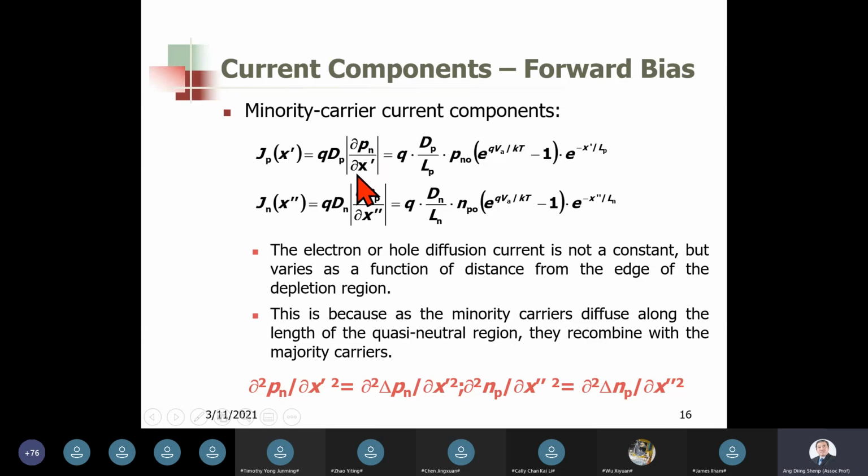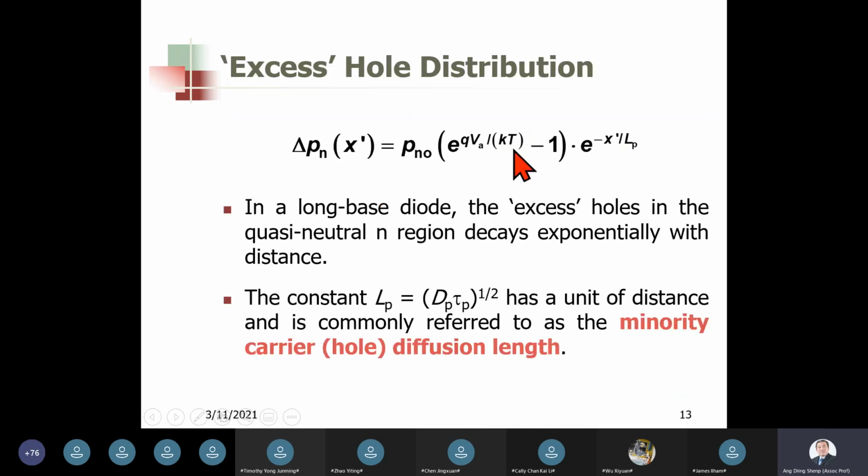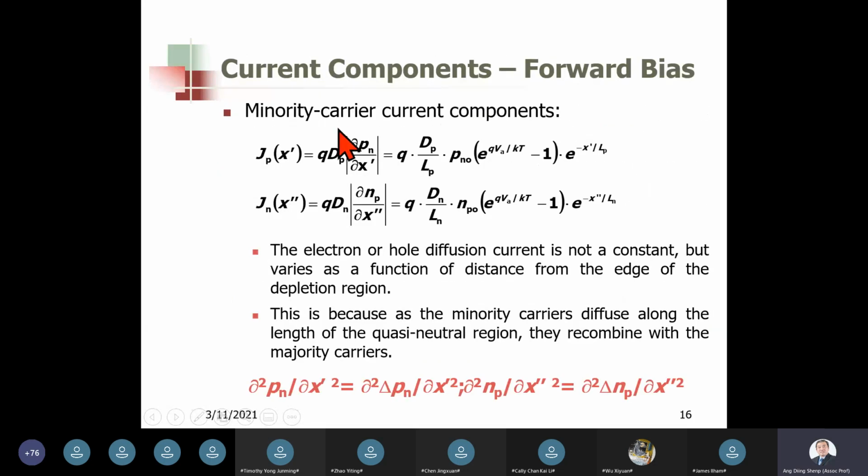Remember, dp_n over dx prime is the same as d delta p_n over dx prime. In other words, you just need to differentiate this with respect to x prime, and then put it into this expression for the hole diffusion current density in the quasi-neutral N region, and this will be the result that you will obtain. It's a simple exercise, so you should try it out by yourself.